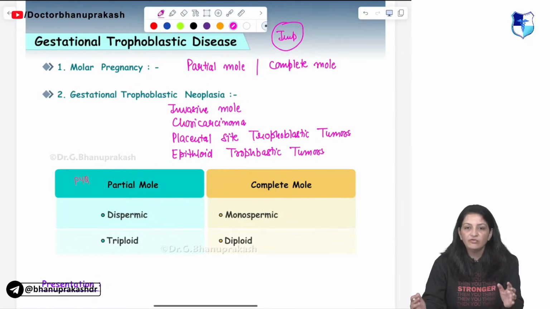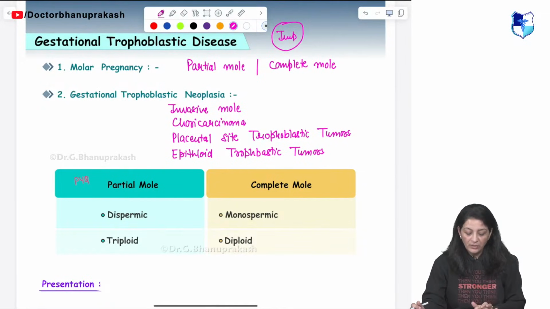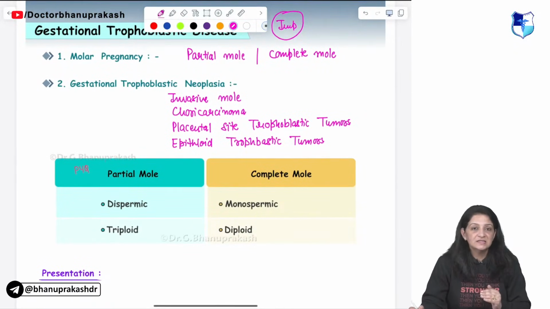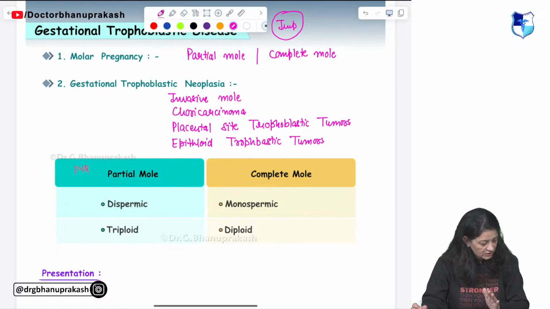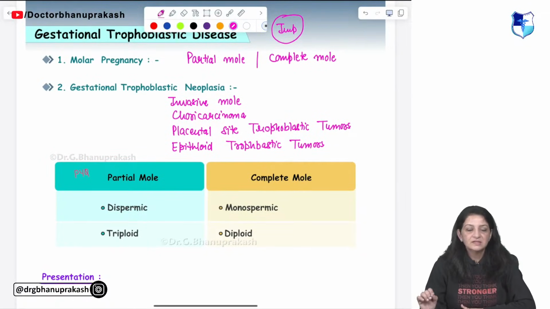So what is the meaning of molar pregnancy? This is not a viable pregnancy. It means in molar pregnancy, there is an abnormal excessive proliferation of trophoblast. And these trophoblasts fill up the entire uterus with hydropic degeneration. This is a molar pregnancy. 2 types, partial mole and complete mole.